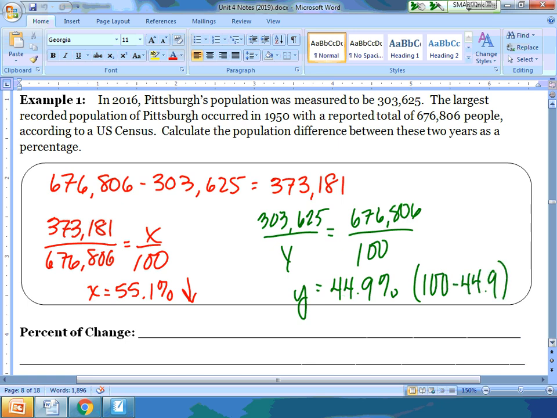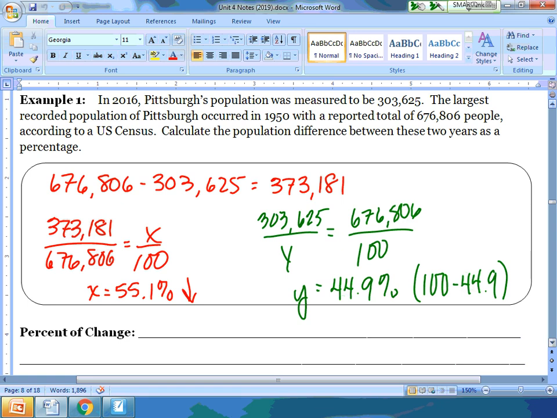Good. Now, why did you do 100 minus 44.9? I agree with everything you've done here. Absolutely. So the population in 2016 is 44.9% of what it was in 1950.